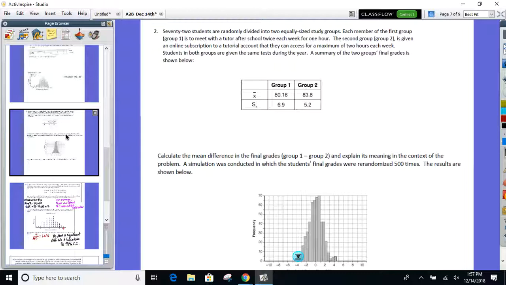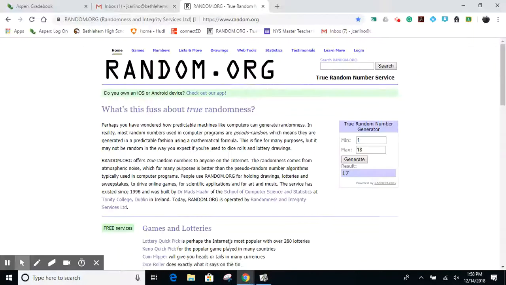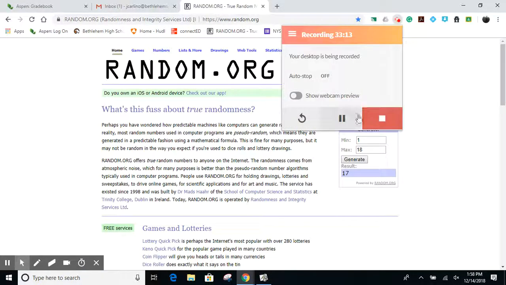Please read carefully. You're going to have to explain what it means and everything on this one. Great problem. Find it, explain what it means, and then see if it's significant or not. You got this one. You're doing a great job.